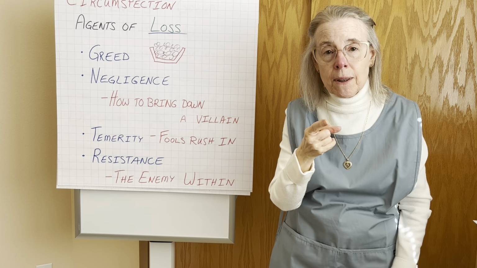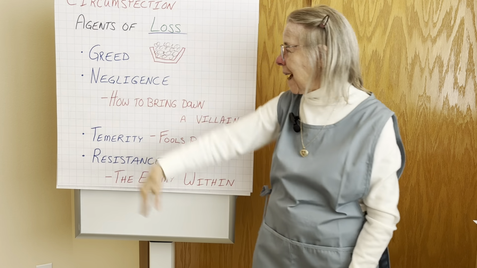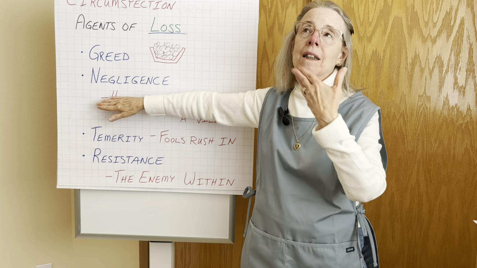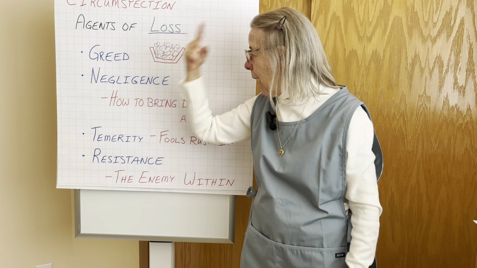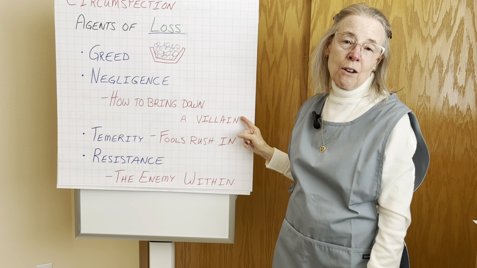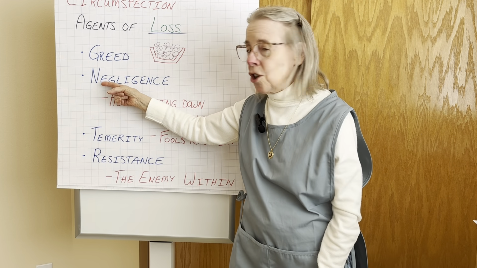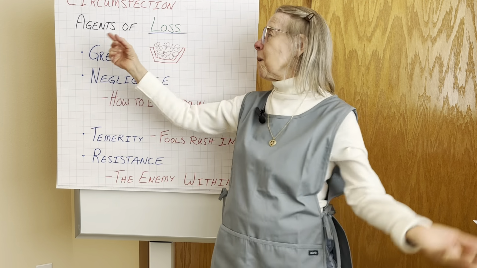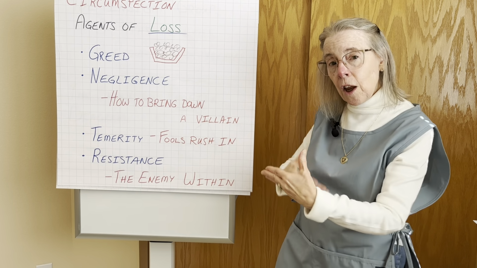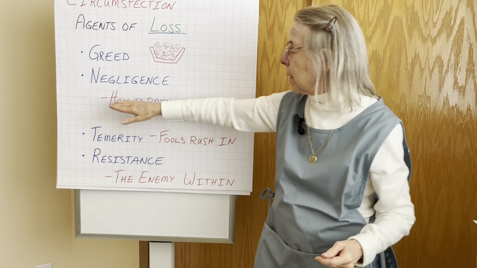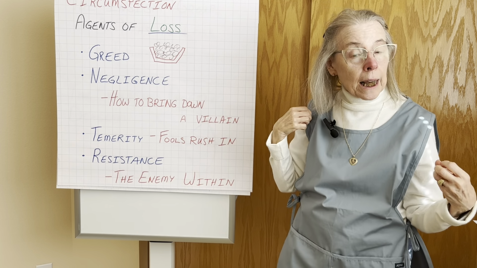He stops doing the circumspection. And through negligence, because he's now decided he doesn't need it, he's the master of the situation, that is part of how you bring down a villain. Overconfidence, pride, leads to negligence, and the circumspection collapses. So that's one form of loss. So you can see there you get into the emotional power because you understood where the loss came from. But we have two more to look at.